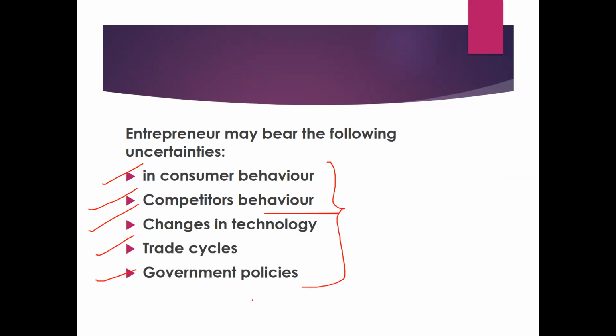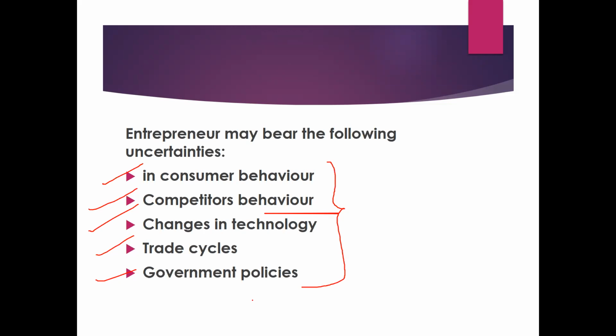I mean, consumer behavior, how consumer behavior keeps on changing from time to time, how you have to address these kinds of problems. Competitors' behavior, those are your rival companies, what kind of new product they are launching in the market, what kind of price strategy they are opting for, right? And what additional features they are giving. So this is the competitors' behavior.